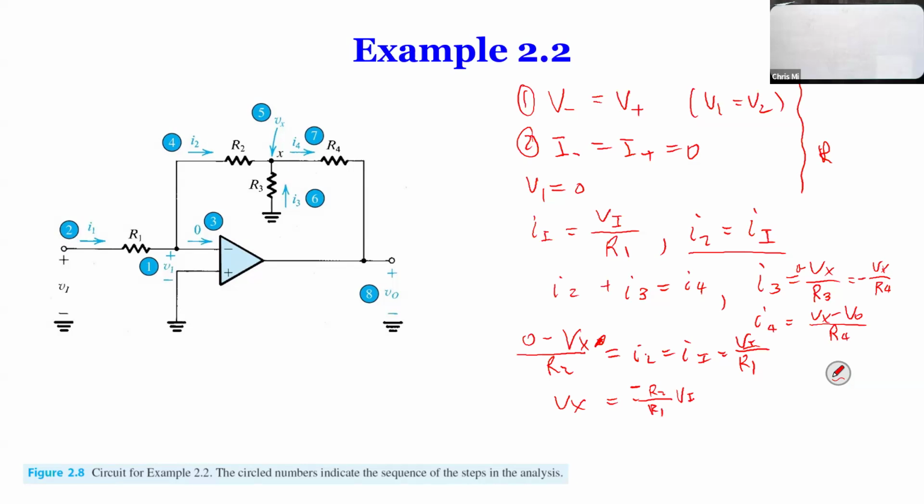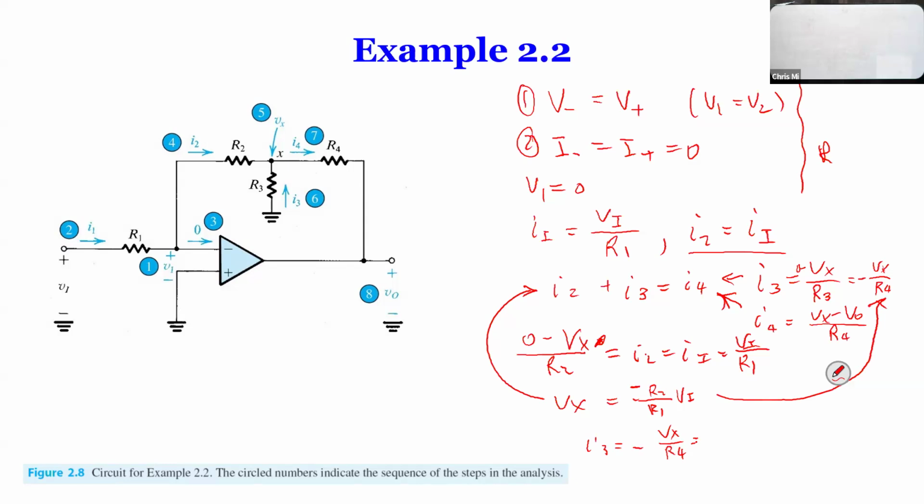Okay, now you can plug Vx into this equation here, and we can find I3. So I3 now becomes minus Vx over R3.